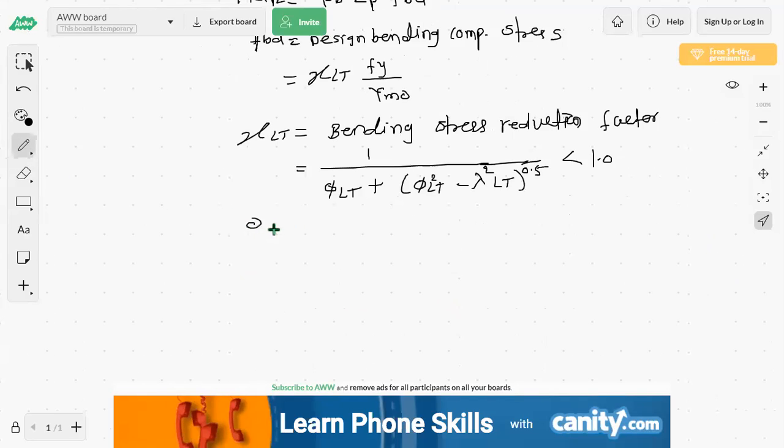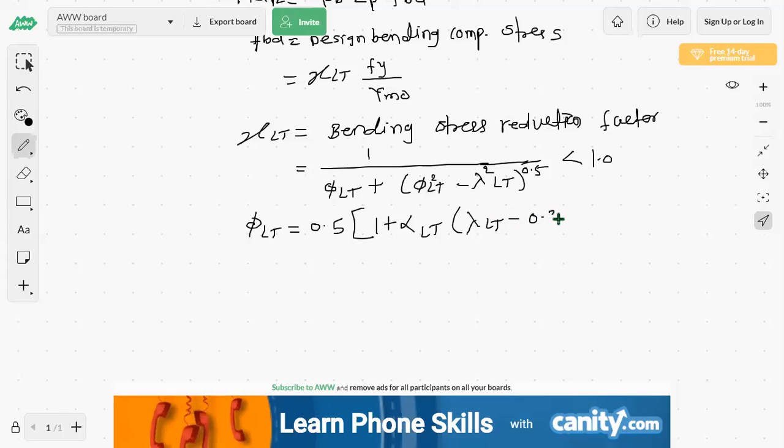Phi LT is equal to 0.5 into 1 plus alpha LT in bracket lambda LT minus 0.2, bracket complete, plus lambda square LT.